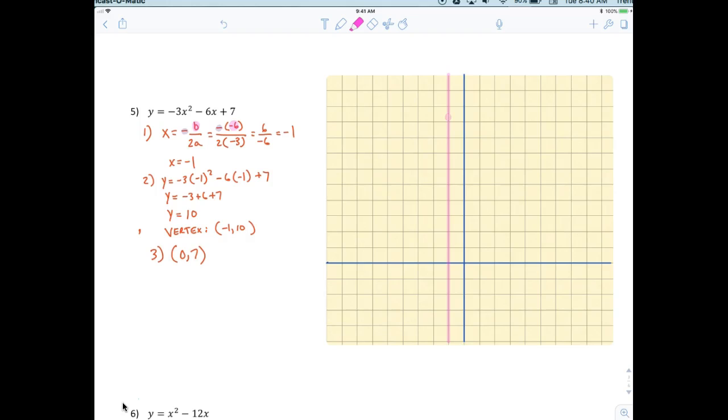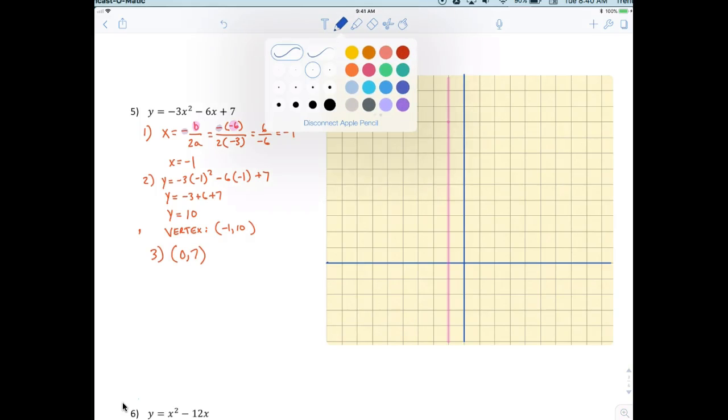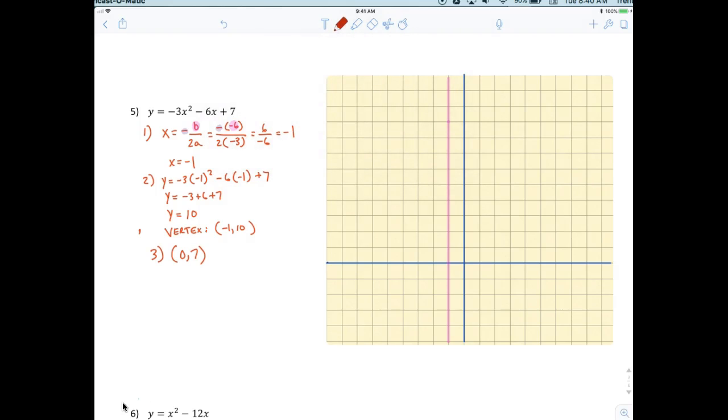We're good with that. All right. Now, plot the vertex. Negative 1, 10. There we go.